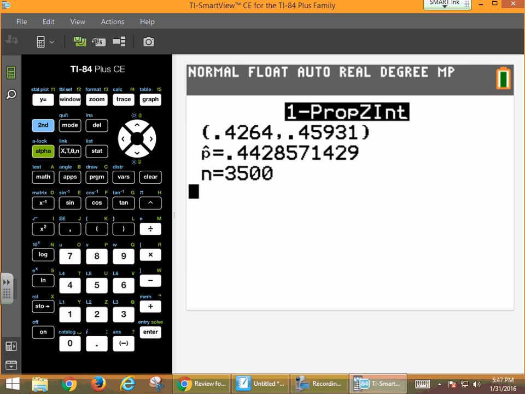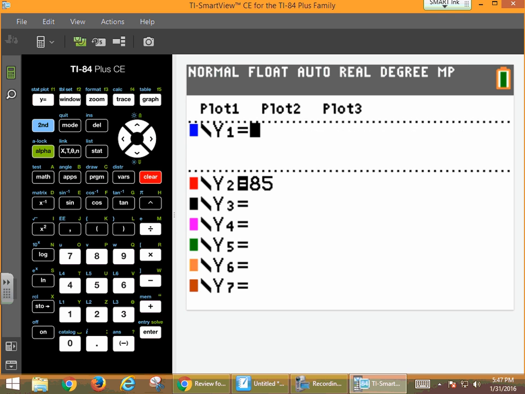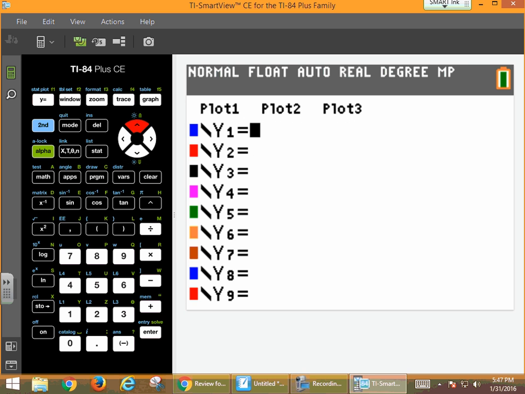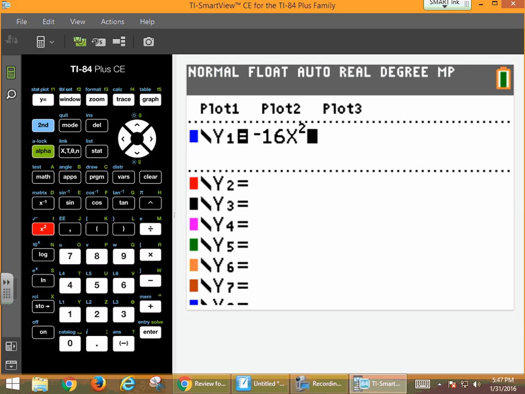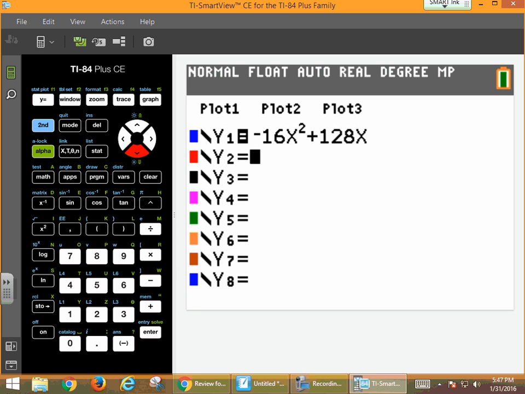My two equations are going to be negative 16x squared plus 128x. And my second one is going to be 112 feet above the ground.